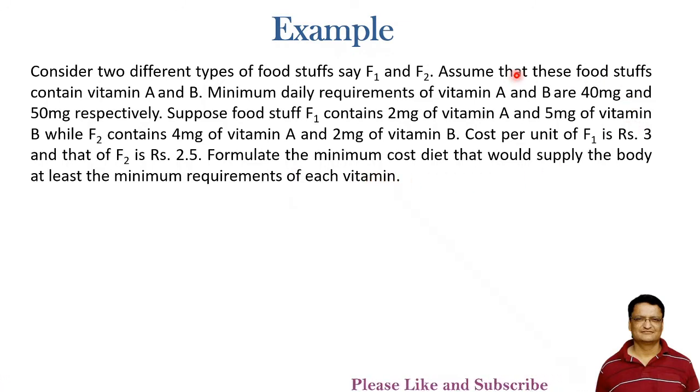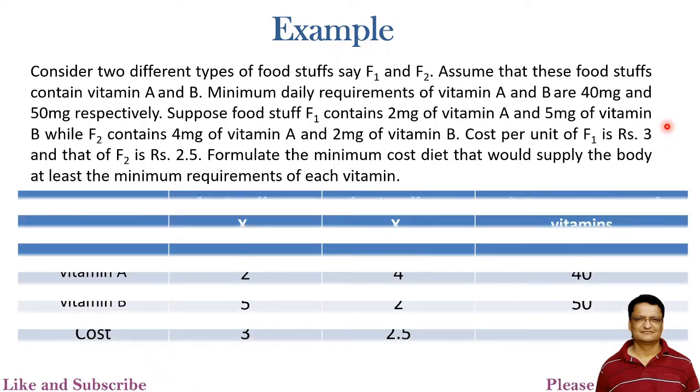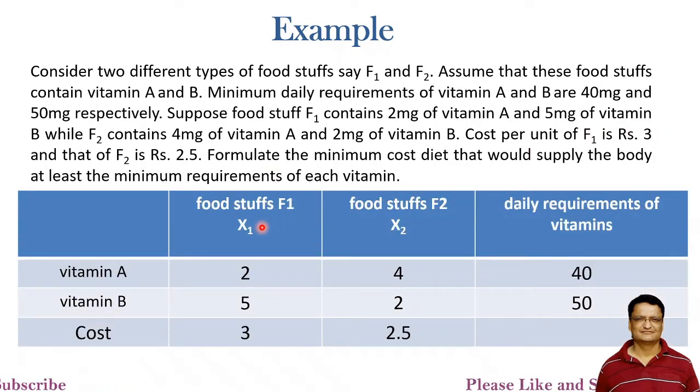Now from this problem statement we have to come up with the LPP model. So the best way is to convert this information into one table. So here is a table. Now we assume that x1 units of foodstuff F1 and x2 units of foodstuff F2 are to be produced.